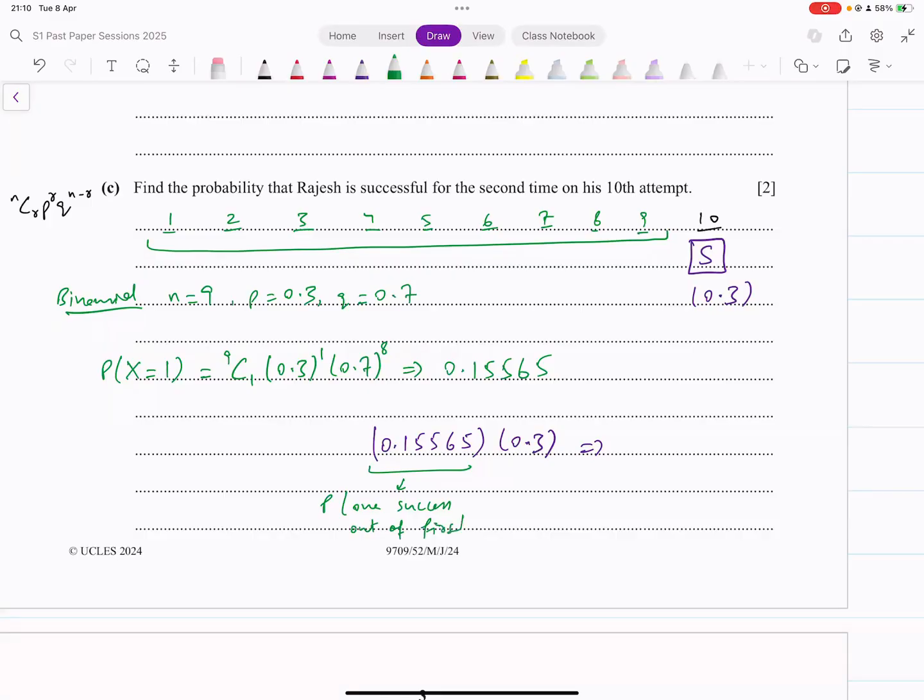That's this number. And this is the 10th being a success. Okay, this is just for your notes. You don't have to write it down in the exam, but you multiply this by 0.3 at the end, right? That's the probability of having success in the 10th attempt. So you multiply this by 0.3 and see what that gives you. That's 0.04669. That becomes 0.467. That's your final answer.